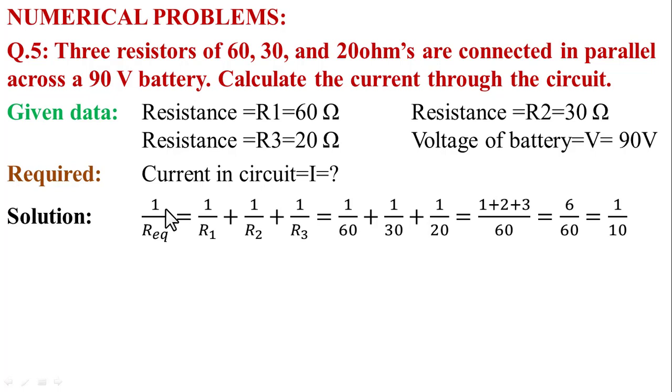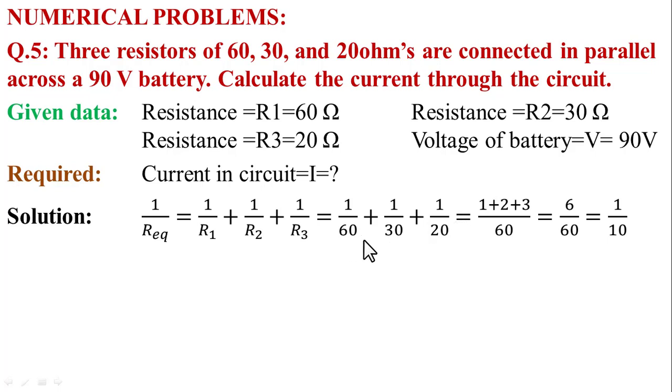Resistors are in a parallel combination, so we use the formula 1 upon R equivalent is equal to 1 upon R1 plus 1 upon R2 plus 1 upon R3. Now putting the values: 1 upon 60 plus 1 upon 30 plus 1 upon 20.